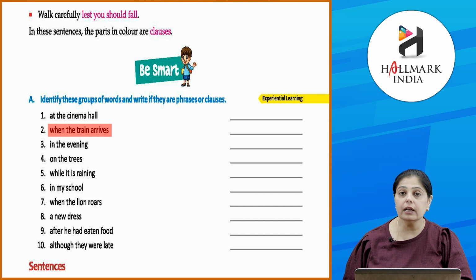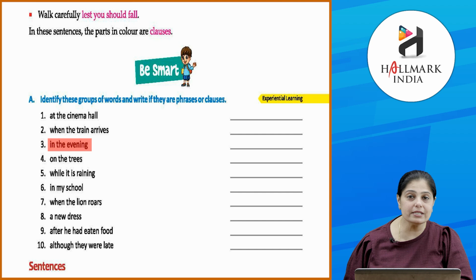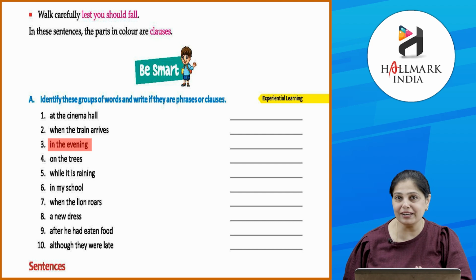I will leave the platform when the train arrives. So that is a clause. In the evening, I'll meet you in the evening. So that is a phrase. Clear? So now the rest of the sentences you have to do, but read the difference between the clauses and the phrases before attempting the rest of the questions.